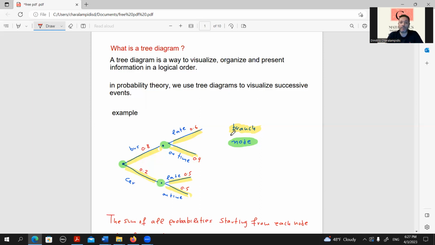It consists of branches, otherwise known as paths or roads, and nodes, the stations from where the roads, these paths, start. On top of each branch, we put the corresponding probability. And finally, which is useful for exercises, mostly for 1 mark considering the IB or the A levels, the sum of probabilities on each node always adds up to 1.